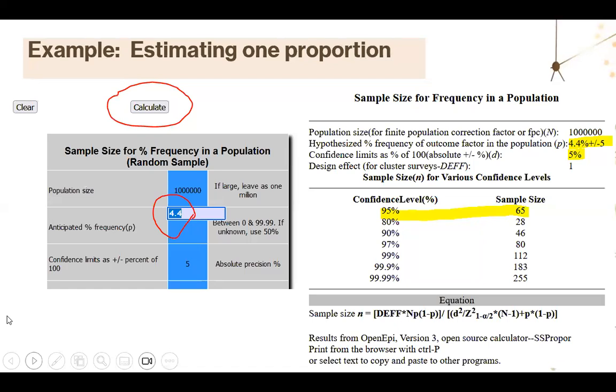Backtracking a bit into the openepi.com website, you see that the population size, the first entry there, is set at 1 million. So these are the settings when the assumption is that you're doing it on a big population. But what if the group or the population from which you're taking is less than 1 million?